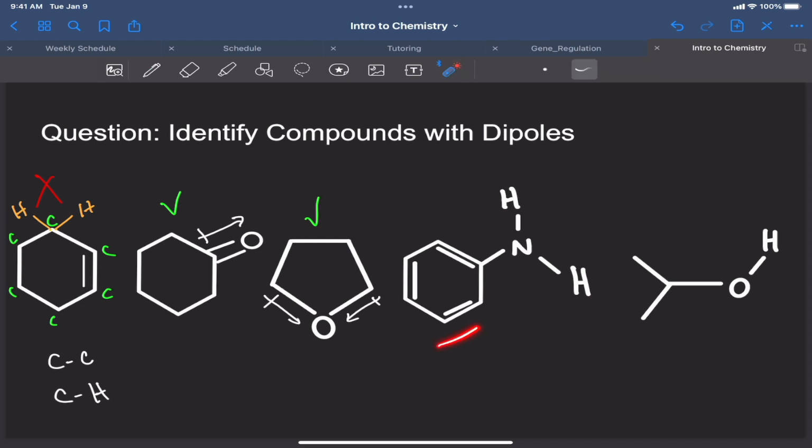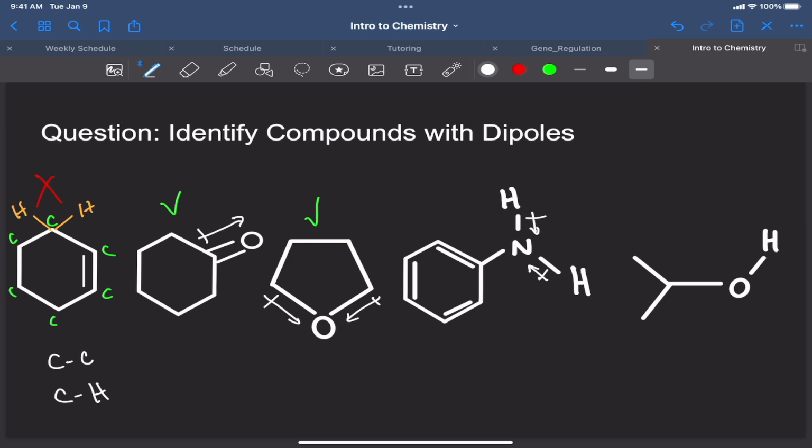Here, on this side of the molecule, it's a benzene ring with just carbon and hydrogen. So that won't have any. But here we have a nitrogen bonded to a carbon and hydrogens. That will have dipoles. How many? Well, it'll have 1. It'll have 2.